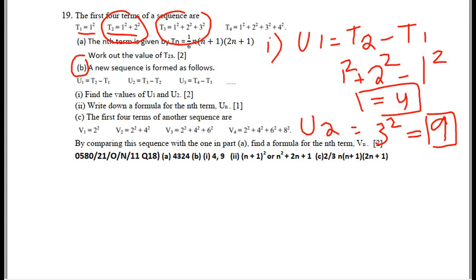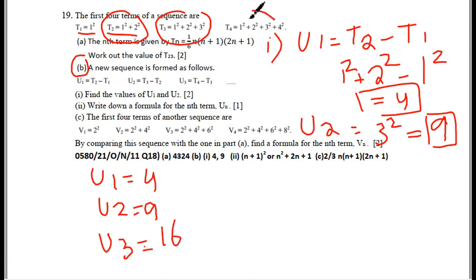Now U1 is 4, then U2 is 9, then U3 will be 16, because when you subtract these two, you'll be left with 4 square, which is 16, and so on. The next term will be 25, and so on.